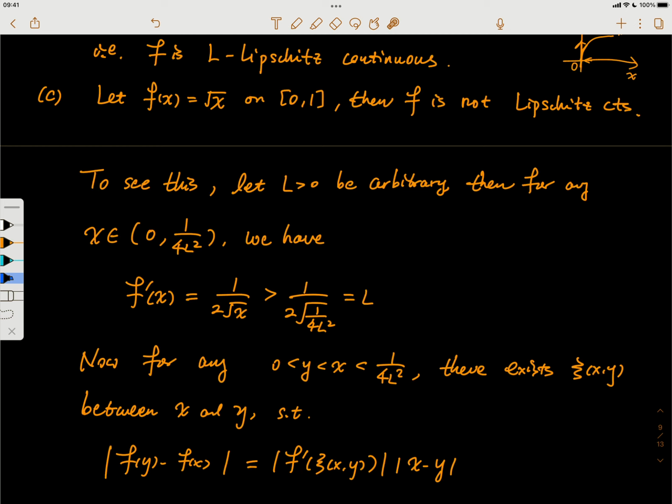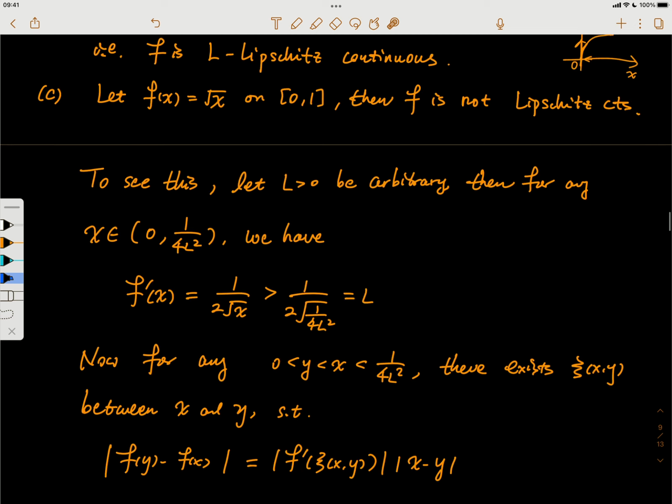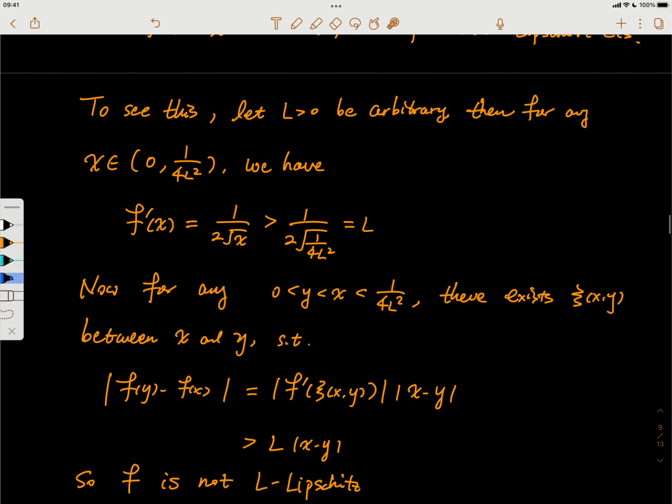Then I'm just taking the absolute value on both sides, and the equality still holds. Because this point is between these two points, it's also less than 1 over 4L squared. That means the derivative at this point must be greater than L, as we showed here. As long as the points are from this interval, the derivative is going to be greater than L.